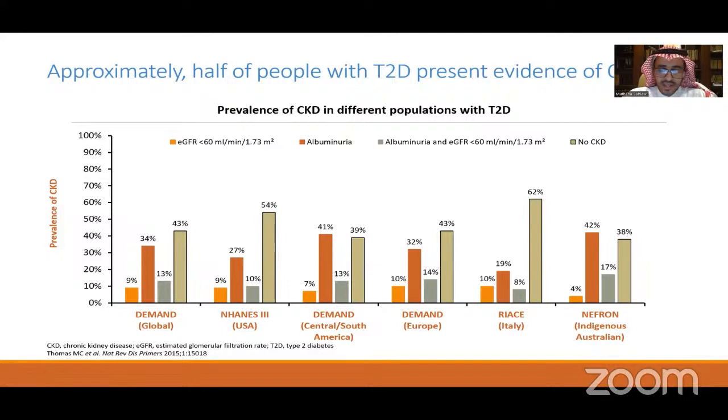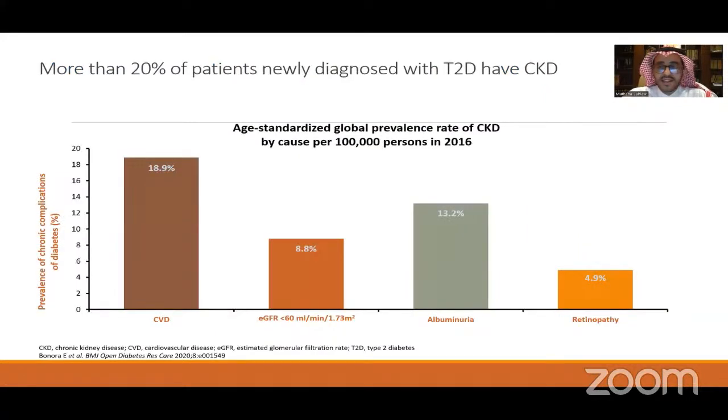So CKD is highly prevalent in those with diabetes, and even among those who are newly diagnosed, around 20% of patients at the time of diagnosis of type 2 diabetes show evidence of CKD, either as albuminuria or as a low GFR. Basically because type 2 diabetes can go unnoticed for months or years, and during that time, patients are building up complications.